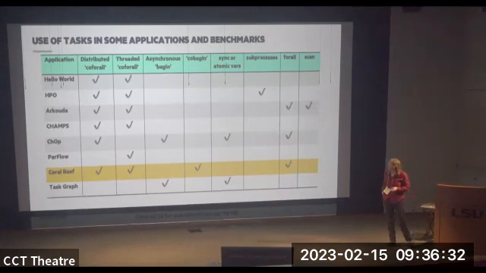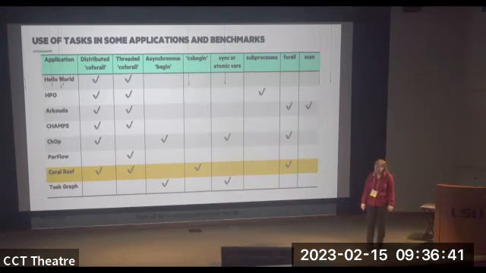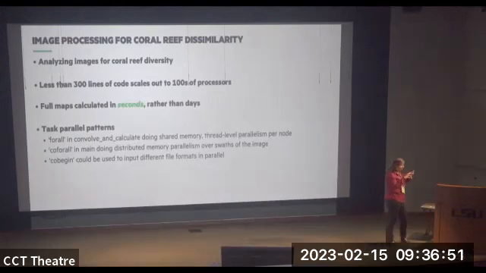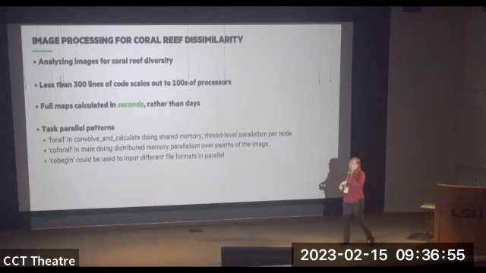Once he figured out how to use Chapel and was working with some examples, he was like, you know what, I want to do this coral reef image analysis example. And he's using lots of the concepts in the language. So what this is, they want to analyze how much diversity is at various parts in coral reefs.